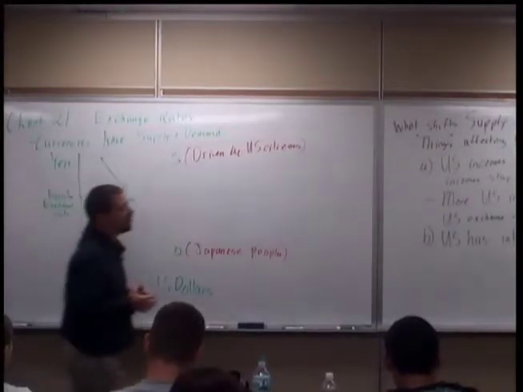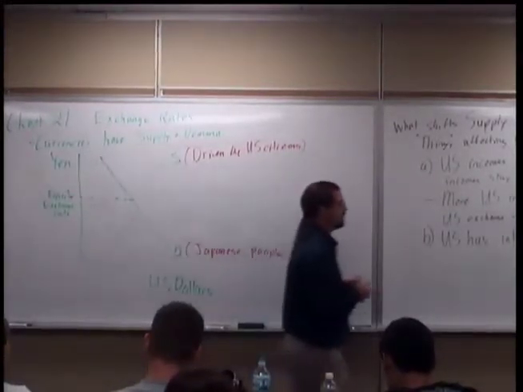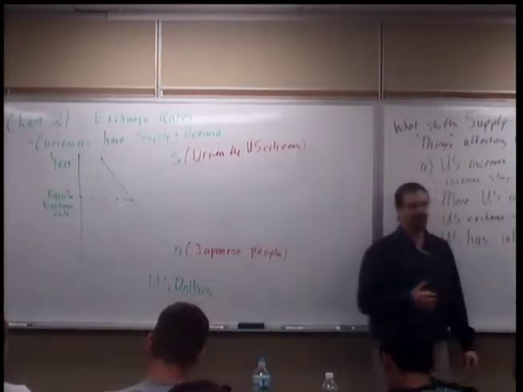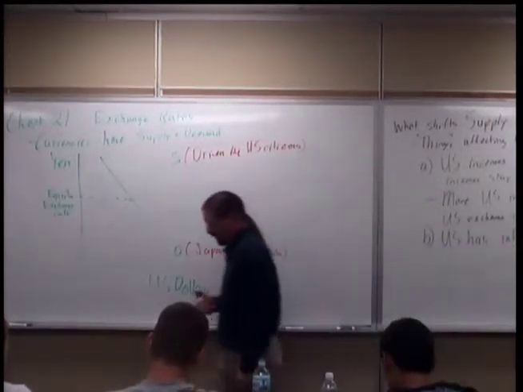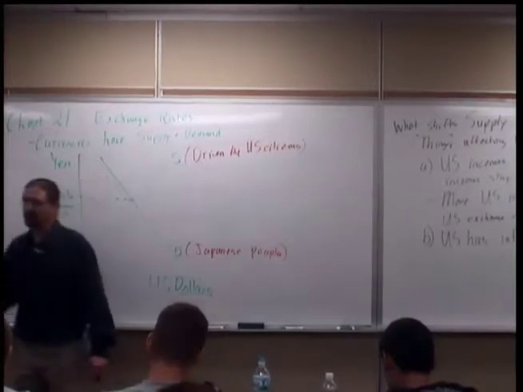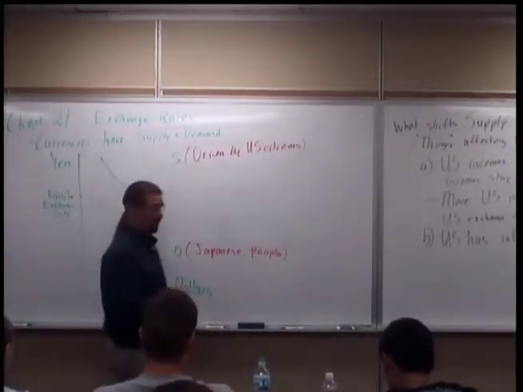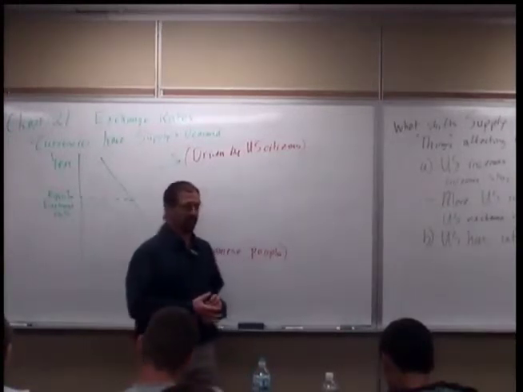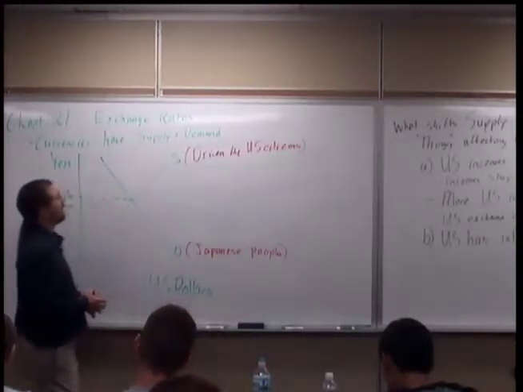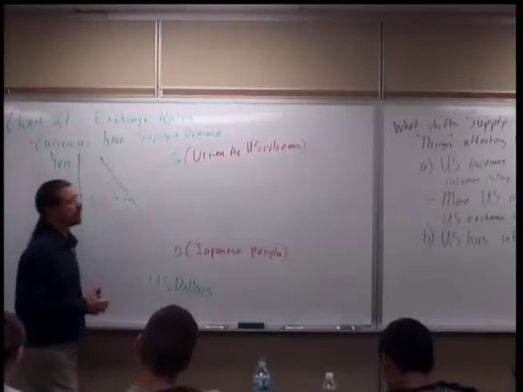U.S. has inflation, Japan does not. So let's assume our inflation rate is hovering somewhere around 1%, 2%, which is pretty much where it's at. And Japan's has stayed at pretty much 0%, which is completely wrong. Its inflation rates are actually pretty high. But let's assume that that's what's going on.